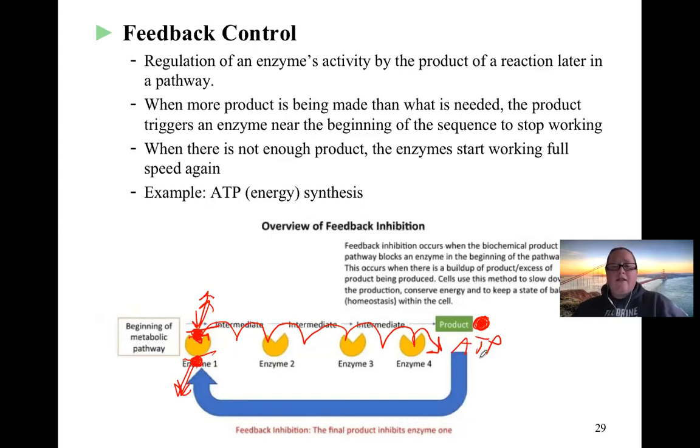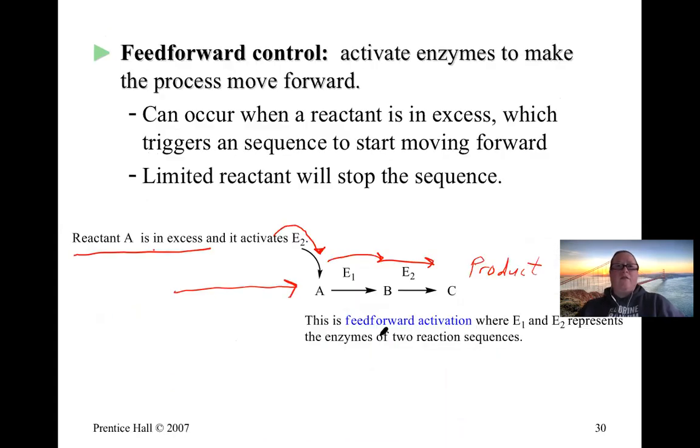If the product is in need, it will trigger an activation to make the sequence start moving again. Feed forward control is controlled by your starting substance, your reactant, your substrate. If you have that in excess, it starts to trigger that reaction moving forward.